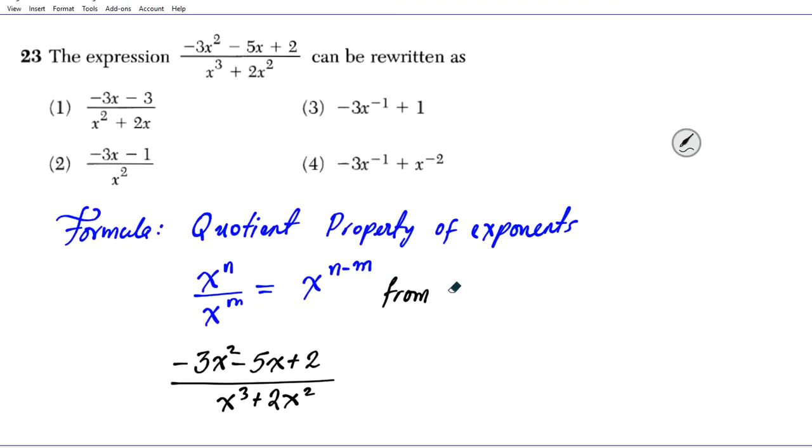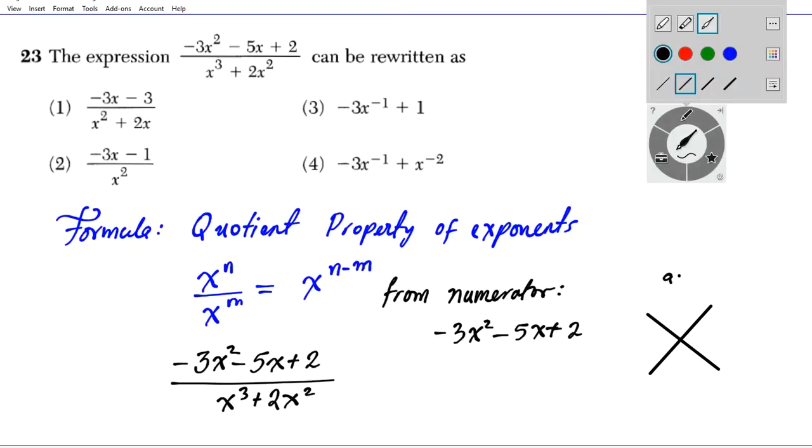So from the numerator, we have negative 3x squared minus 5x plus 2. So we have a quadratic trinomial. We're going to factor this using the x game or the AC method. So let's see what we have here.